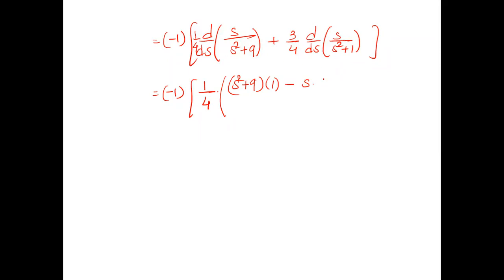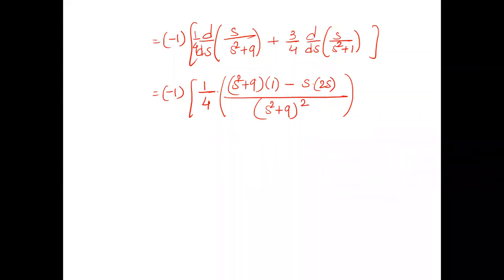Derivative of this term is 2s, upon v square, s square plus 9 bracket square.